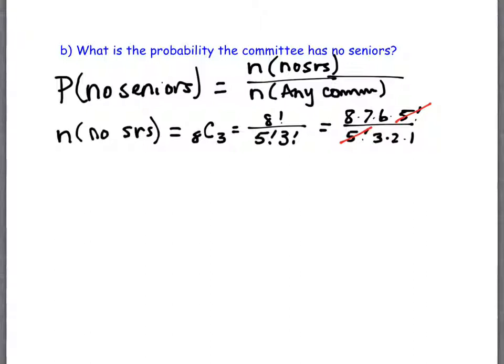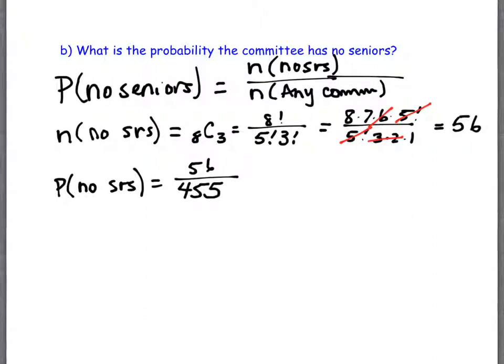There's those 5 factorials. What happens with the 3 and the 2? Takes out the 6. What is 8 times 7? 56. And I already know the denominator because I already did it. So the probability of getting no seniors is 56 over the 455 from our last part of the problem.